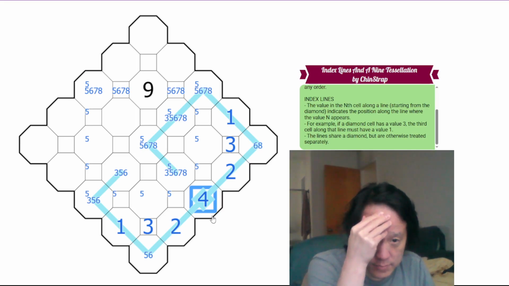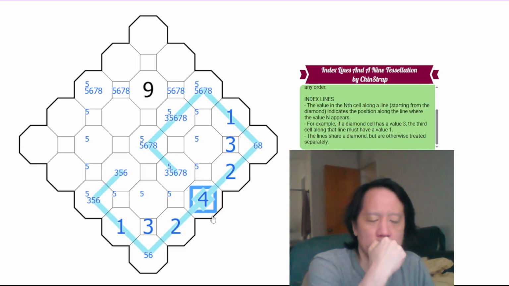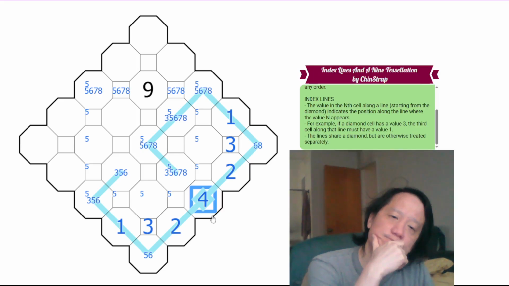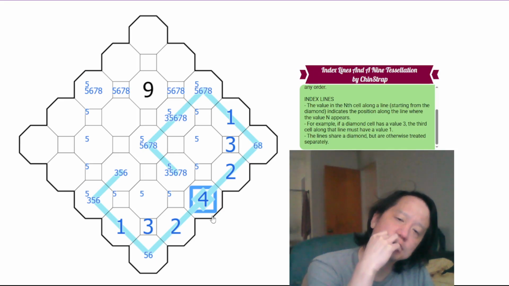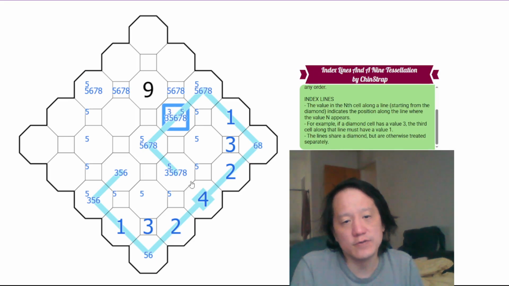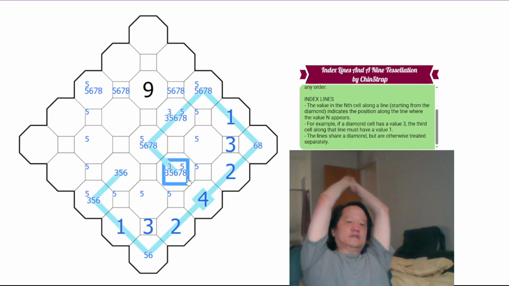Interesting. So we're guaranteed a 3 in one of these cells. That also doesn't help us.